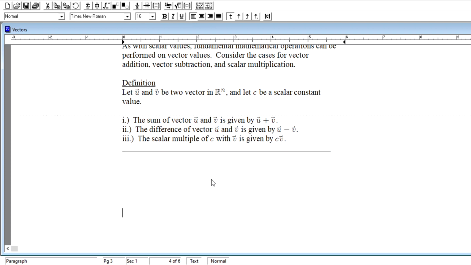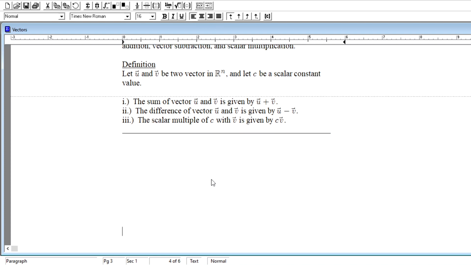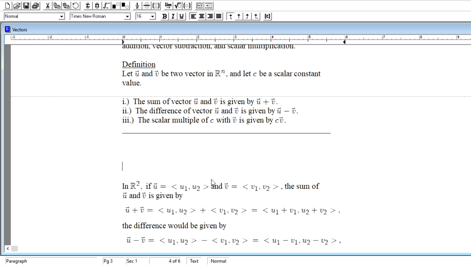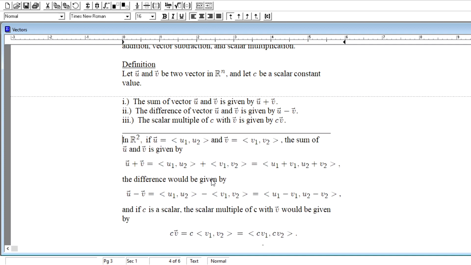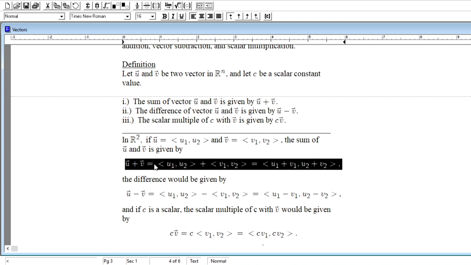In terms of their calculations, we might note in R2, if u is equal to the vector u1, u2 and v is equal to the vector v1, v2, well, u plus v is just u1, u2 plus v1, v2, where we have what you might think of as a rather intuitive process.